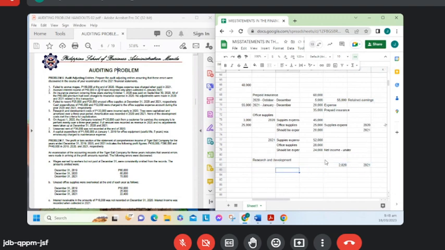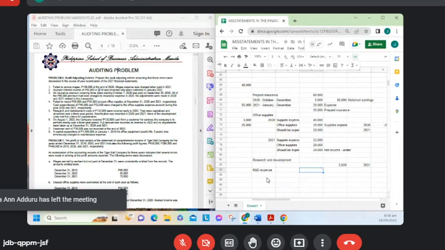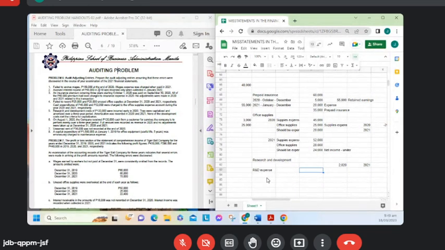So in 2021, research and development expense, R&D expense is understated by 120,000. So that means net income is overstated by 120,000 pesos.